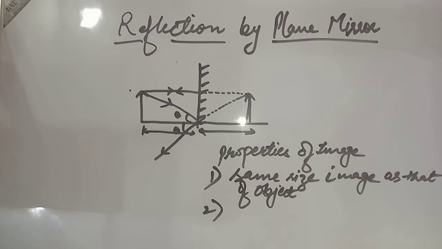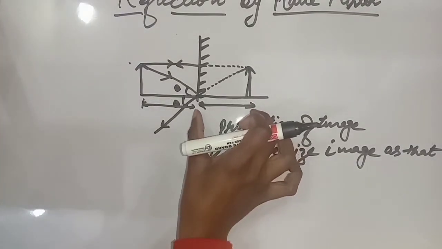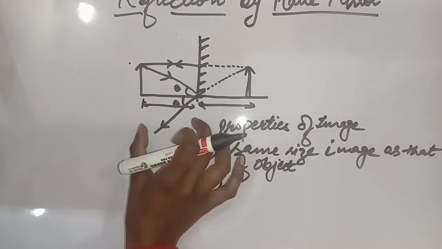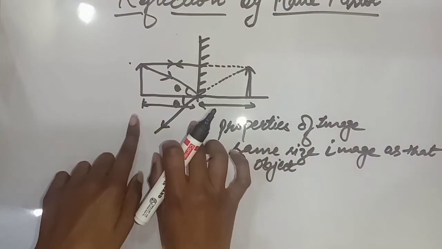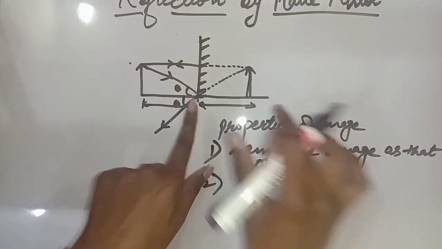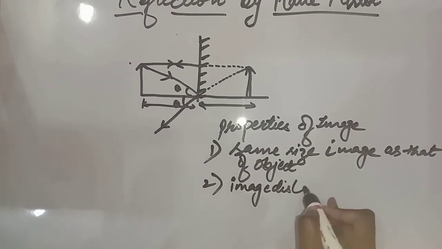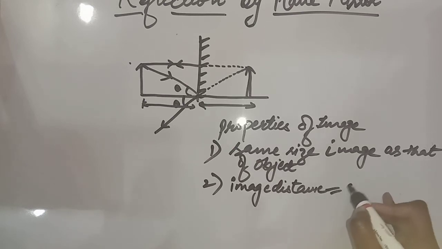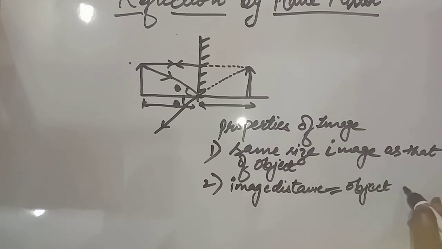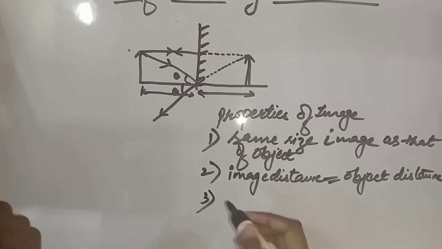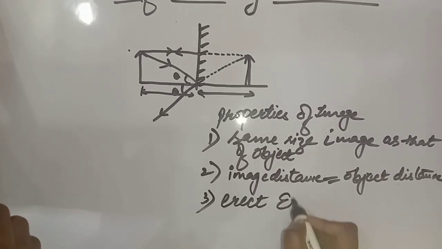Second, the image will be at the same distance from the mirror as the object is. Right? The distance between the mirror and the object will be the same as that of the image. Image distance will be equal to object distance. This image will be erect and virtual.